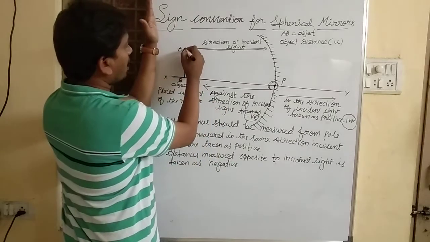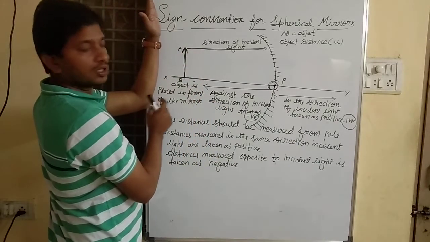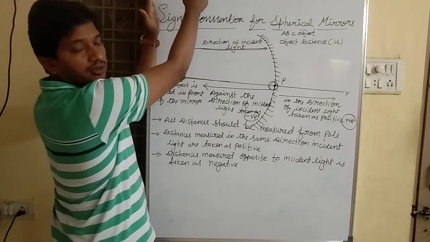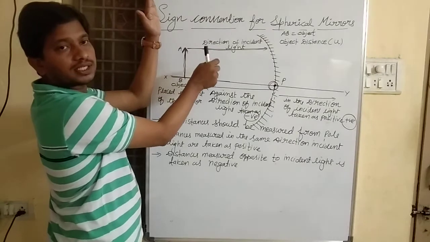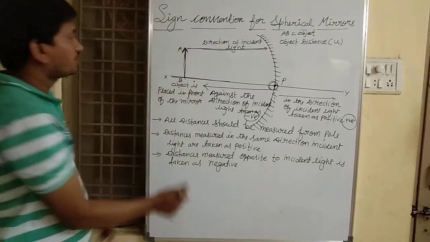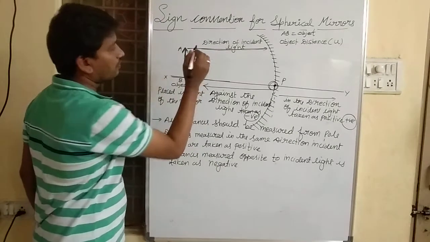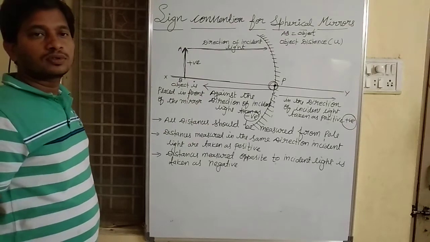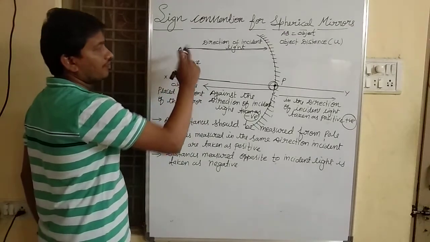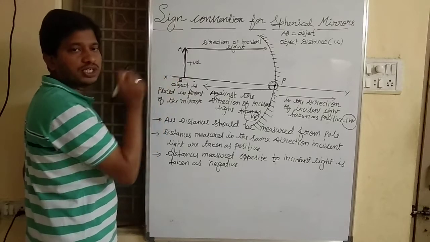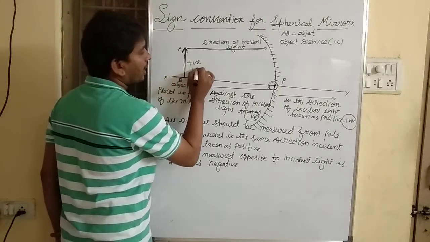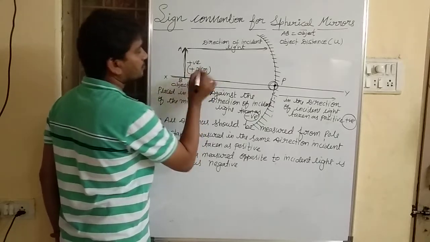If you go upward, then the distances measured upward and perpendicular to the principal axis are taken as positive. Suppose the height of the object is 2 cm, then I have to write plus 2 cm.